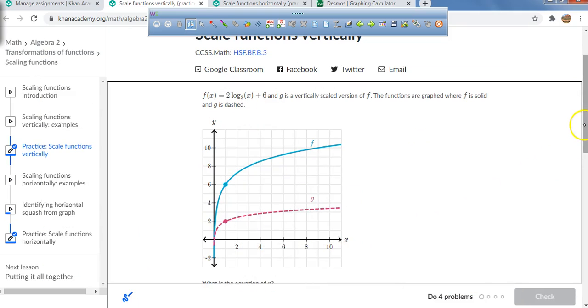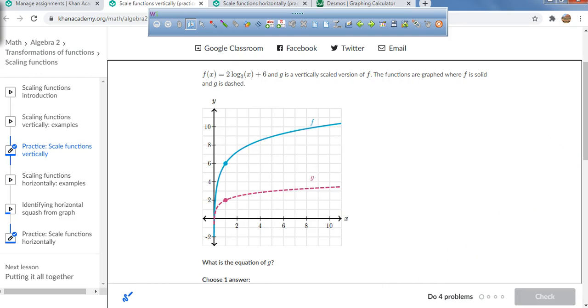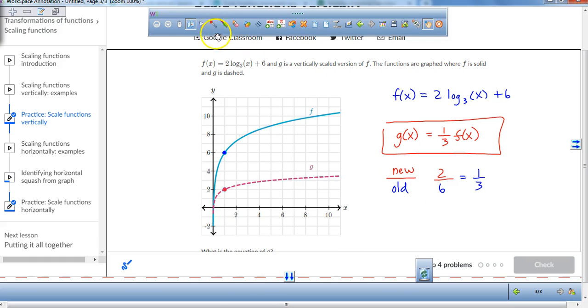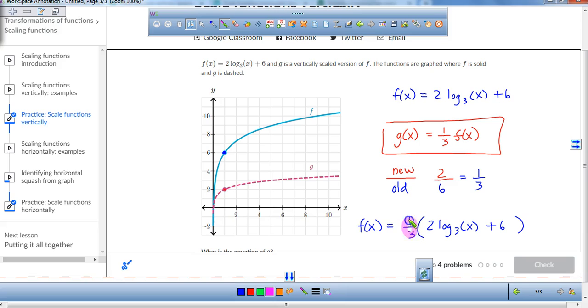They actually ask us to find the actual equations. Let me go back and take a look at this. So let's say we take f of x and multiply everything by a third. When you are distributing, you're going to take this 1/3 and distribute it to the 2, and then distribute it to the 6.